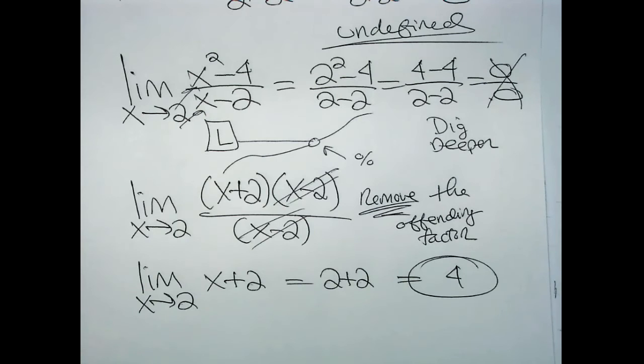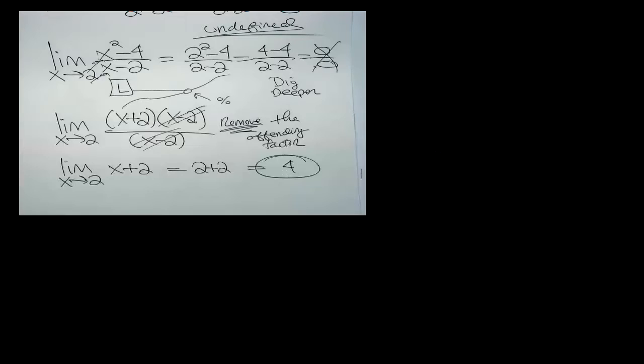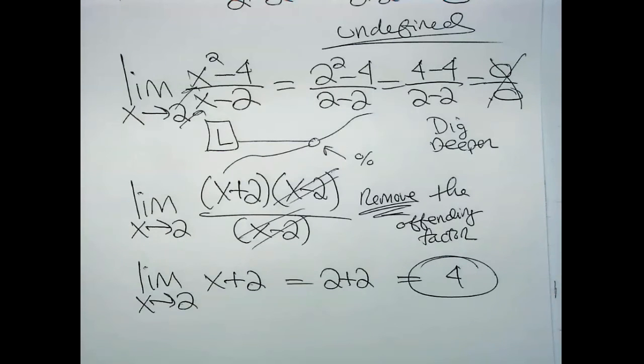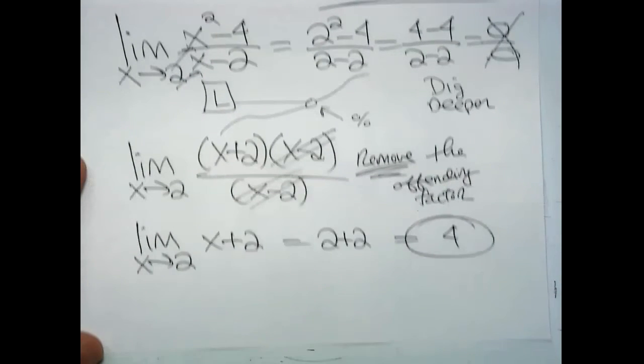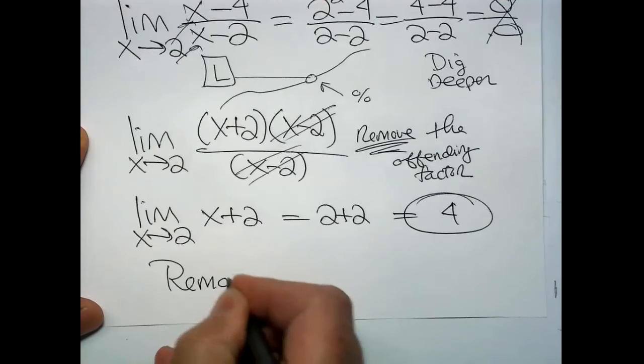Okay, so what kind of discontinuity do you think we have? I just removed the offending factor. And if you can remove the offending factor, you really have removed the discontinuity. It's a removable discontinuity. So analytically, that word remove works really, really well. This is removable.